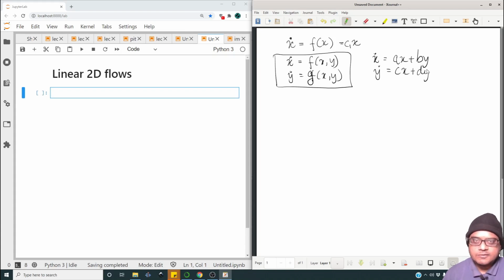The reason we study linear flows is that their behavior will give us more insight into the behavior of nonlinear flows. It holds the key towards understanding what the behavior near various fixed points will be.